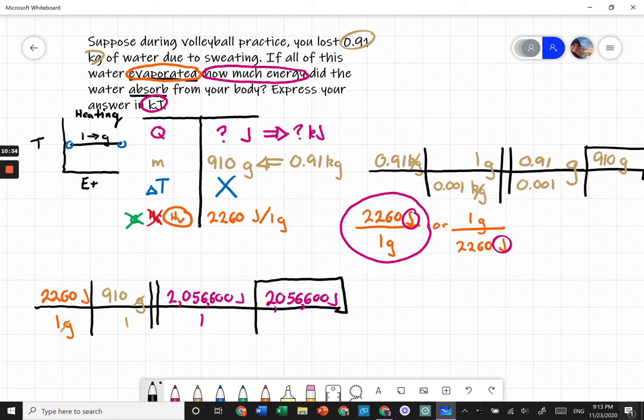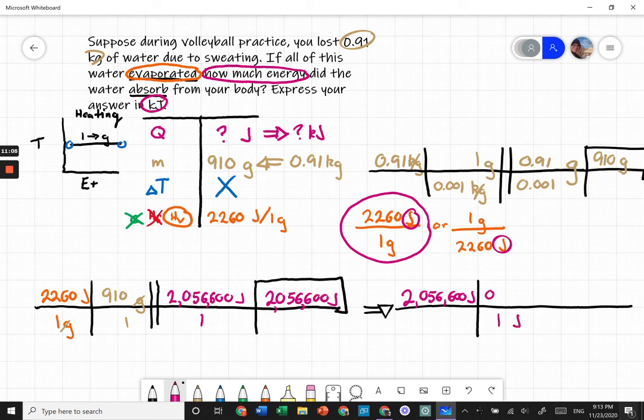Now I can go from that to my kilojoules. So I'm just going to set up another ladder over here. I'm going to start off with that same value, 2,056,600 joules of energy. And I'm trying to go from joules to kilojoules. I know from my table on how to convert with metric units that when I have 1 joule, a base unit, I'm going to have 0.001 kilojoules.